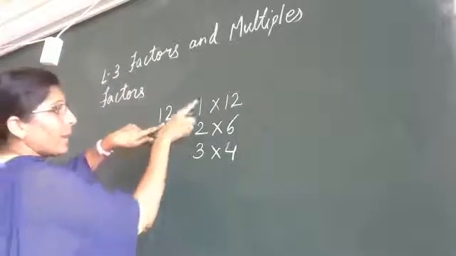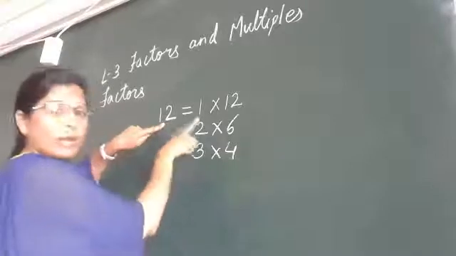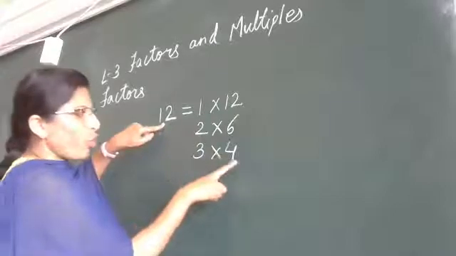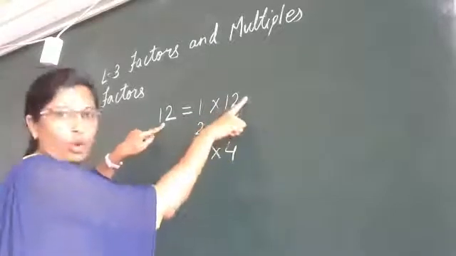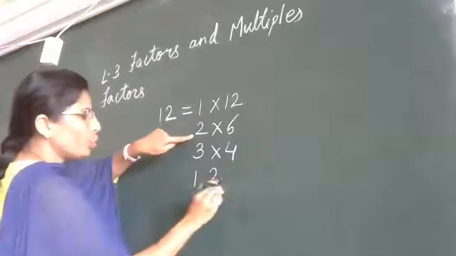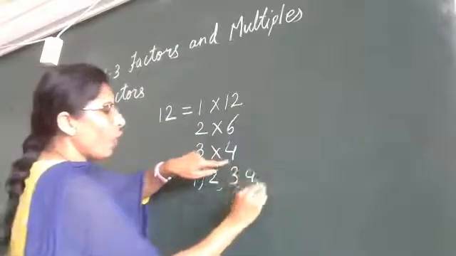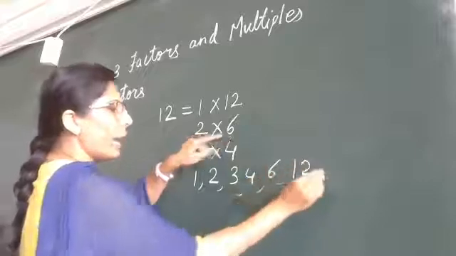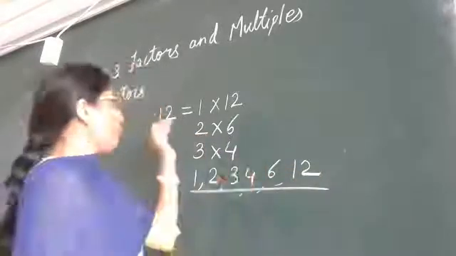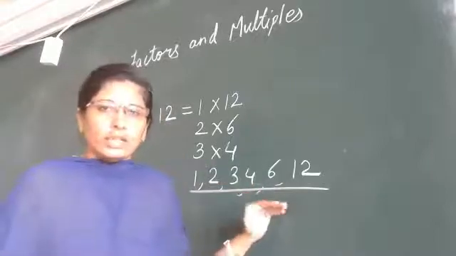Means 12 will come in all these tables: in one table also, 2 table also, 3 also, 4 also, 6 also and 12 also. That means 1, 2, 3, 4, 6 and 12, all these are the factors of 12.